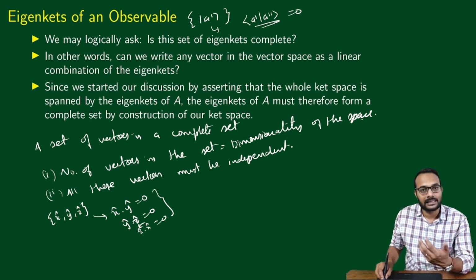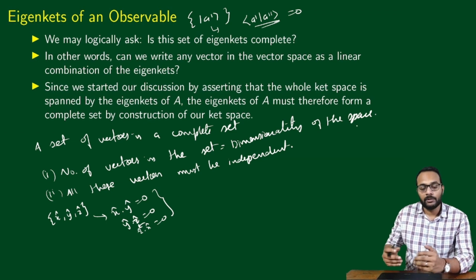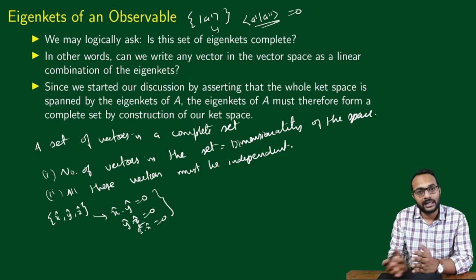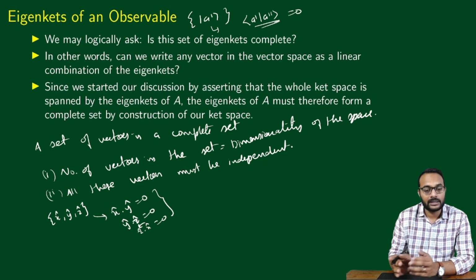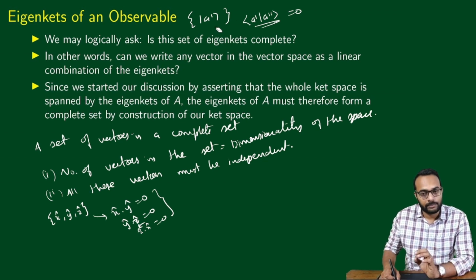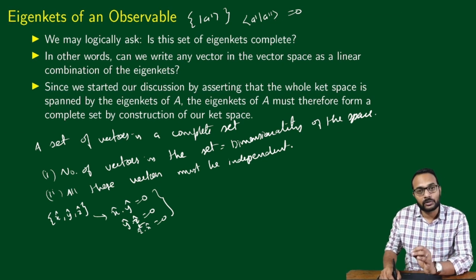This is how we started constructing our vector space. We wanted to describe the Stern-Gerlach experiment, and we said that we have to construct a vector space whose dimensionality is equal to the number of eigenvalues of the operator. So dimensionality is fine, and all these vectors are also independent. This is guaranteed by the orthogonality.